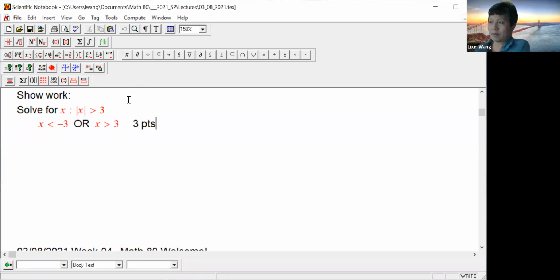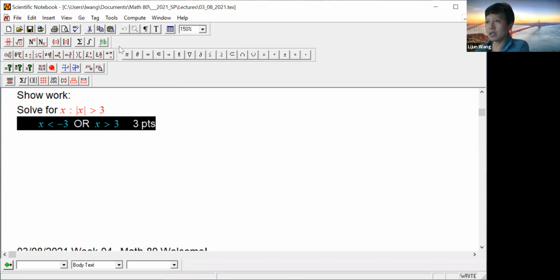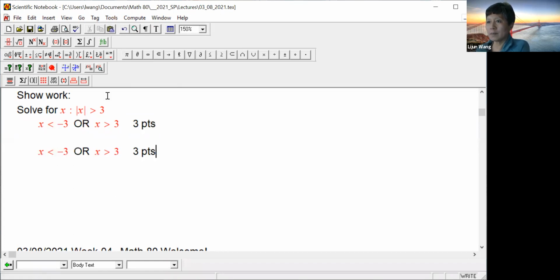3 points. Every piece counts. Then you say, what if I'm missing something? If you're missing the or, you can see if you understand everything, this is how you show your work. If you say, oh, I'm going to separate by a comma, then you don't have 2 points. This is the time I need to decide whether you get 0 points or 2 points.